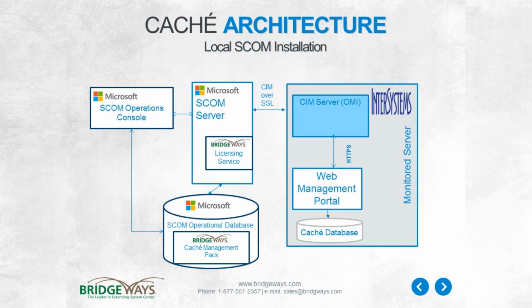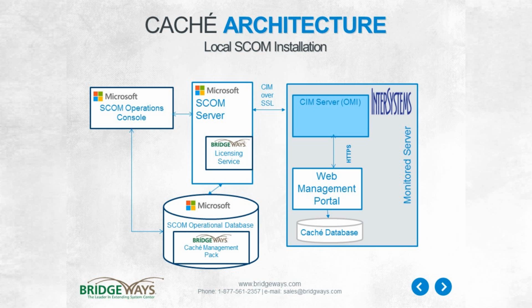In a local SCOM installation, in other words, you have SCOM in your own environment and you're running it and you want to get the management pack from us, on the left you'll see the SCOM servers, and on the right you'll see your InterSystems Cache server. What we'll do there is deploy what we call a provider on that InterSystems Cache host, where the provider will read the InterSystems Cache instance health and performance metrics as published by the web management portal that InterSystems provides with their server.